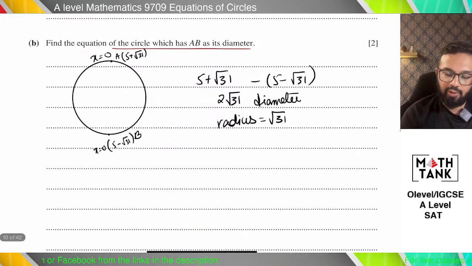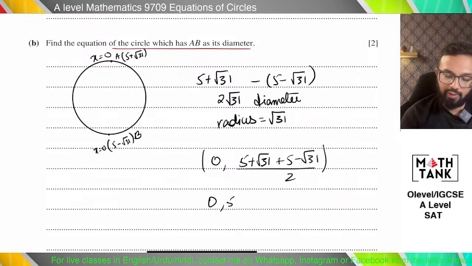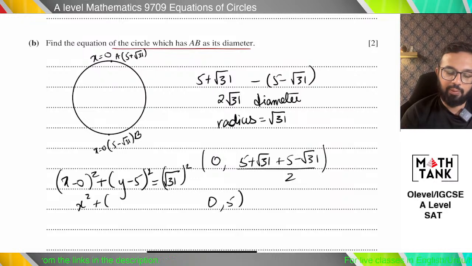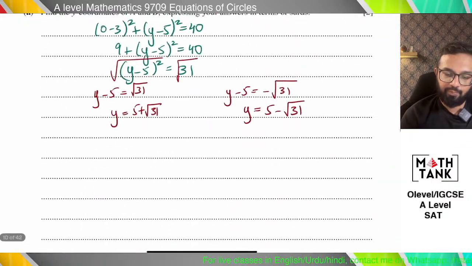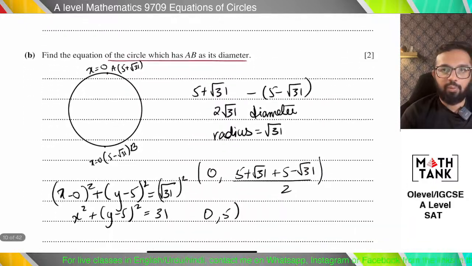What is the midpoint? The midpoint has x coordinate 0, and 5 plus root 31 plus 5 minus root 31 over 2 should give me 5, so 0, 5. So x minus 0 whole squared plus y minus 5 whole squared equals root of 31 squared. So x squared plus y minus 5 whole squared equals 31. Okay, that should be the equation of the circle.